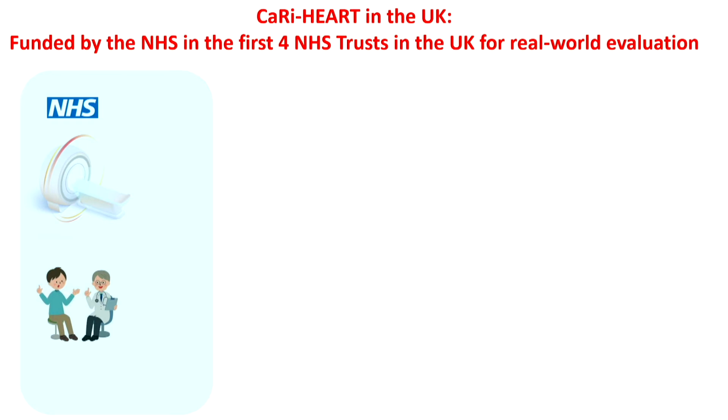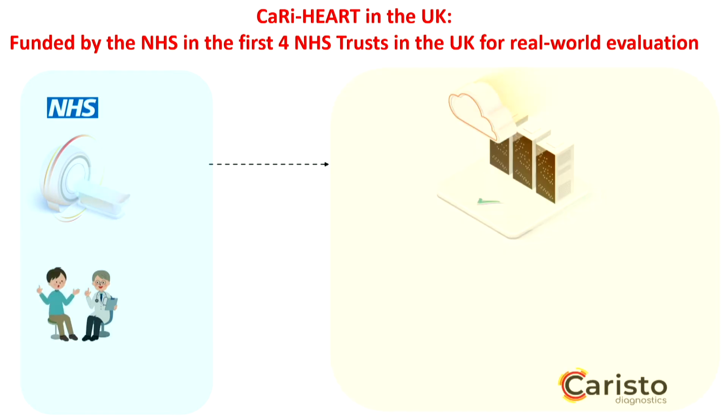Now, in the UK, this technology is now used in clinical practice, used extensively in the private sector, but it's also now funded to be used within the NHS, by the British government, and it's deployed in the first 4 NHS trusts for real-world evaluation. This is how it works. The patient has the scan, and the data is transferred to the Caristo servers.